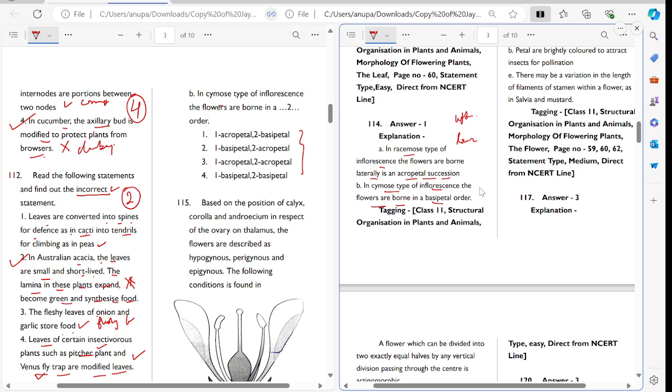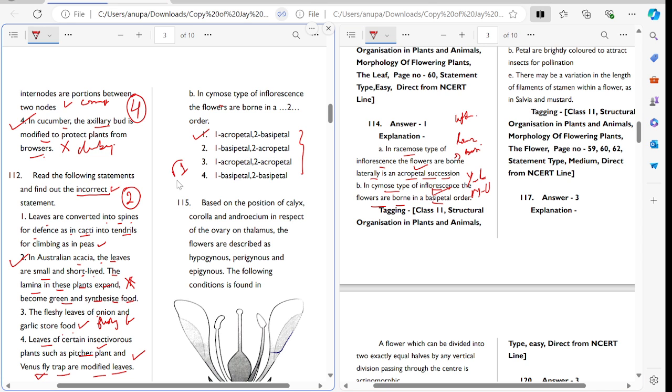It means the young flowers are on the lower side and the old or mature flowers will be on the upper side. So the first blank should be acropetal and the second should be basipetal. So let's check the options. Option 1 is acropetal and basipetal. So the correct answer will be option 1.